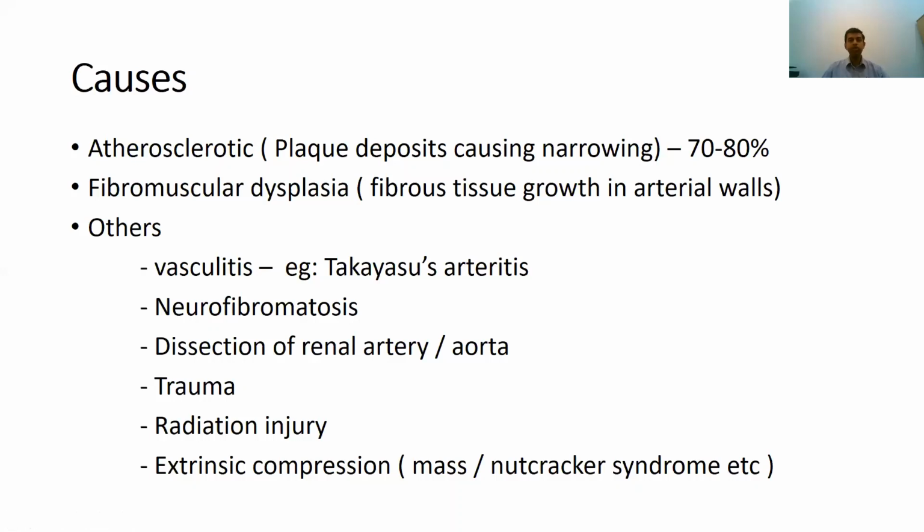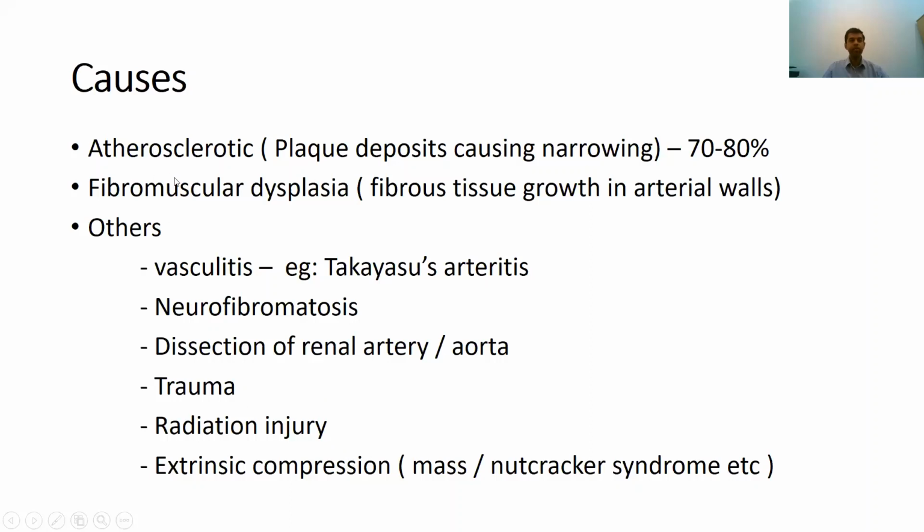The next group of causes is fibromuscular dysplasia, which accounts for about 10 to 20% of patients, where there is some abnormal fibrous growth in the arterial wall. Apart from that, vasculitic conditions like Takayasu syndrome, neurofibromatosis, trauma, and radiation can all give rise to renal artery stenosis.